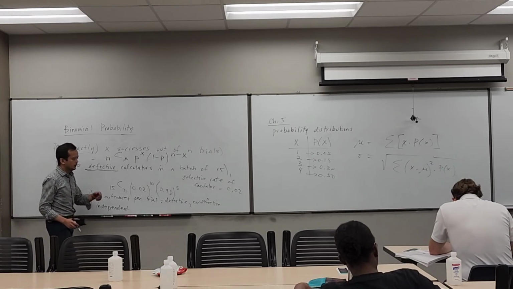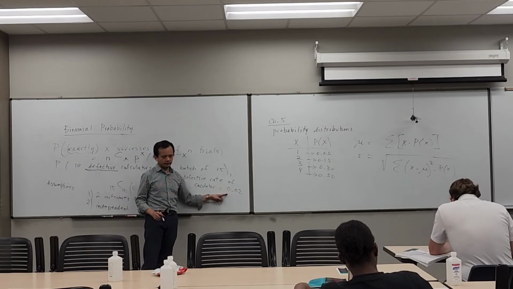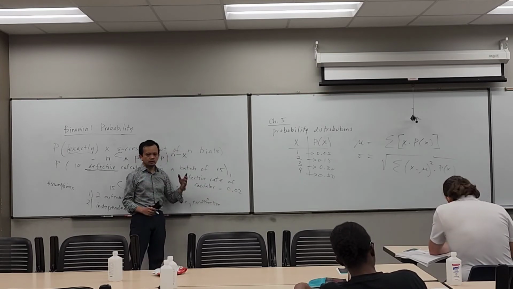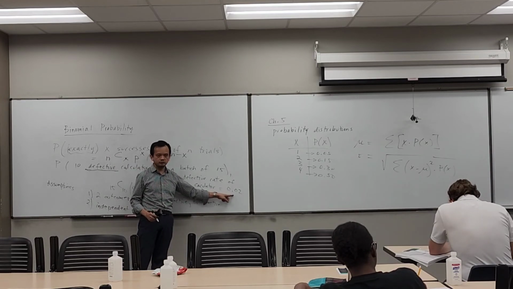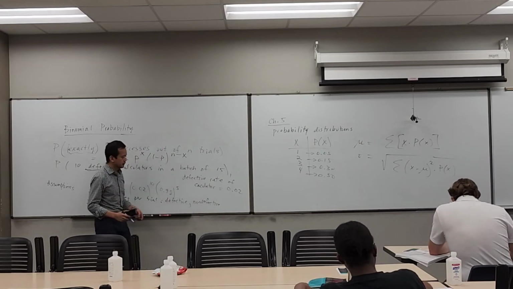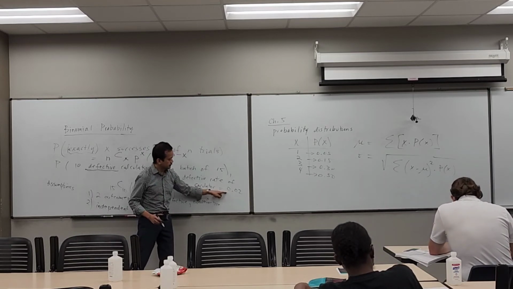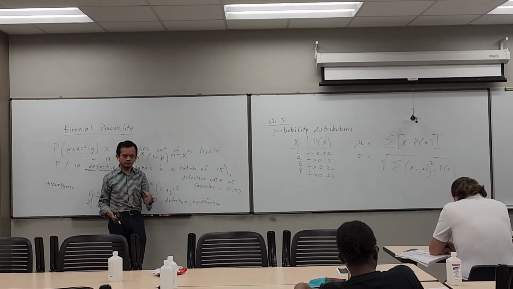So for example, if you have one calculator that is defective, having a probability of 0.02, later on, is the probability of another calculator to be defective still 0.02? If it is, then they're independent trials.